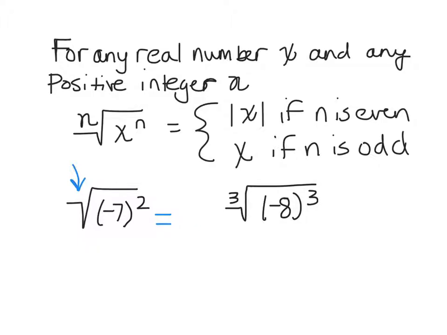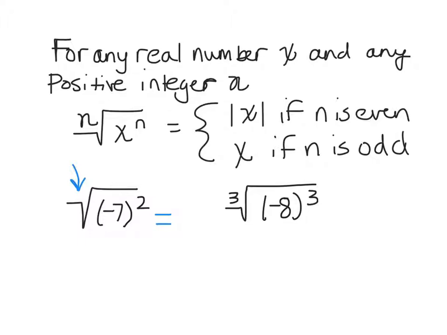But remember, the square root or an even root is never negative. So the rule that we just talked about gives us a way to say this is in fact a +7. Because n is even, so the exponent and the index are both 2, right?